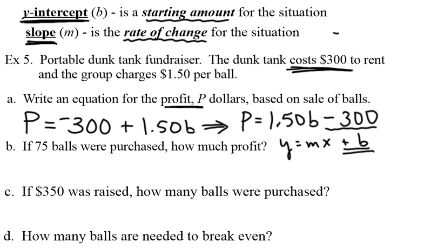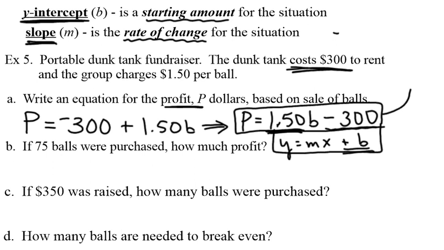What's the constant rate of change? Well, they're going to charge $1.50 for the first ball, $1.50 for the second ball, $1.50 for the 80th ball. There's the constant rate of change. So a linear relation is really slope-intercept form. And once you have the equation, well, you can use it.